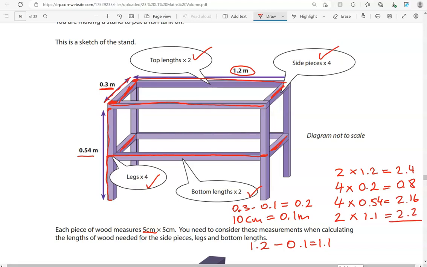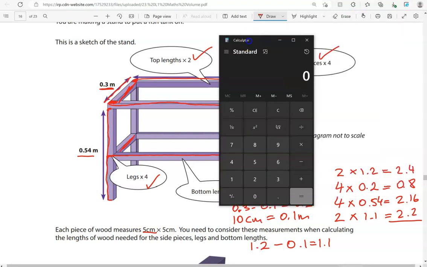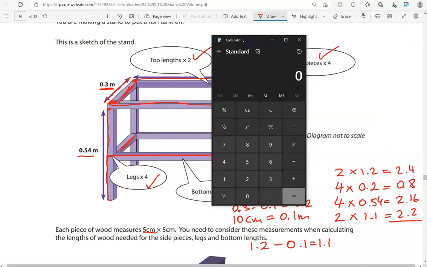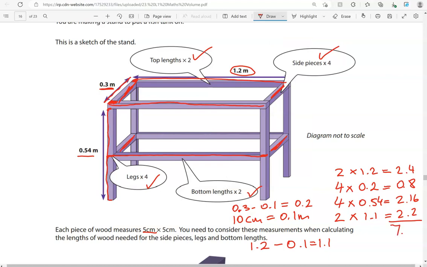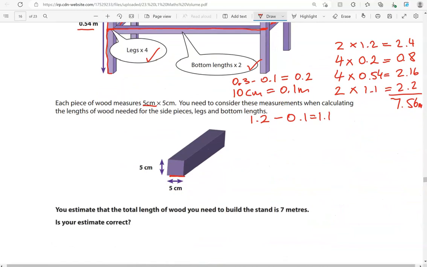Now if we add all of these together, 2.4 add 0.8 add 2.16 add 2.2 gives us 7.56 meters. Now the question is, 7 meters enough?